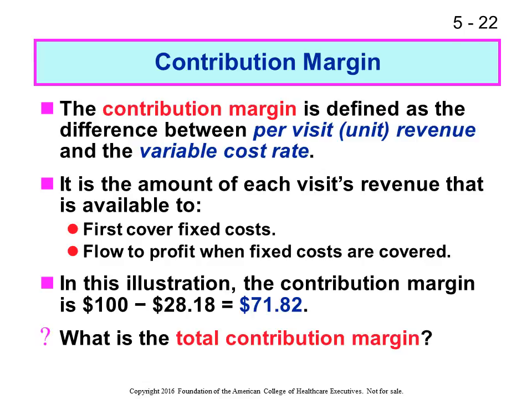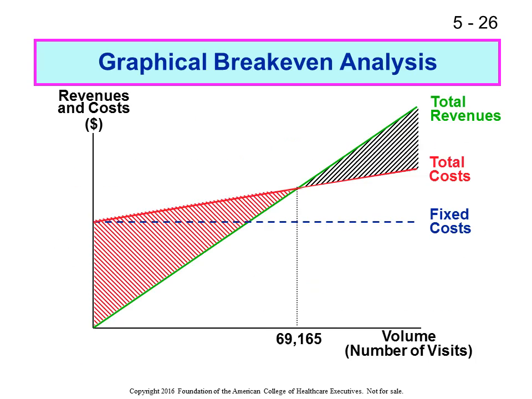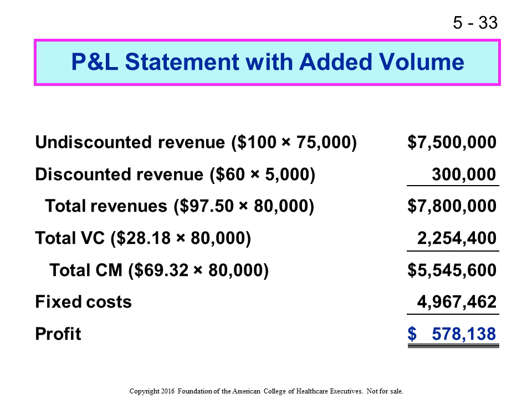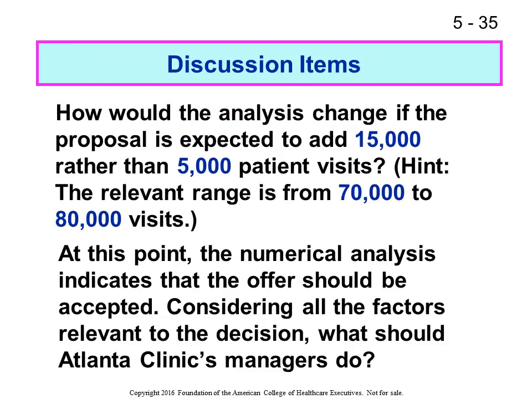So now you have a difference of $71.82. That's revenue that you brought in from that patient. Okay? And that right there helps to cover whatever your fixed costs or other costs may be. Okay, so less profit is going to be a loss for you, or it's going to be a gain for you.